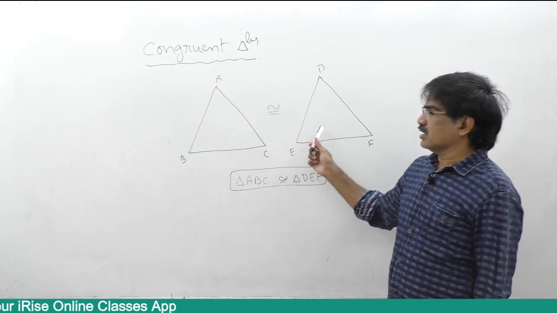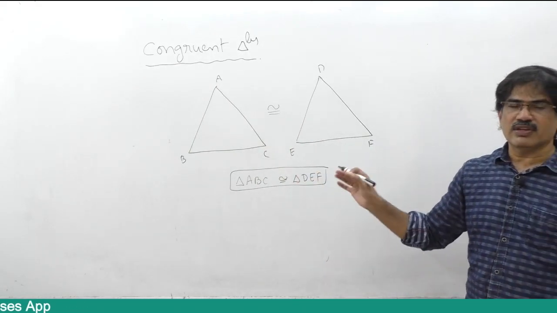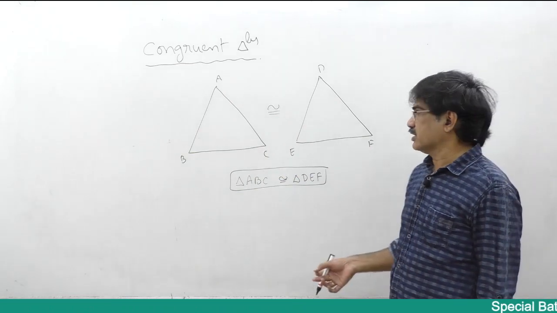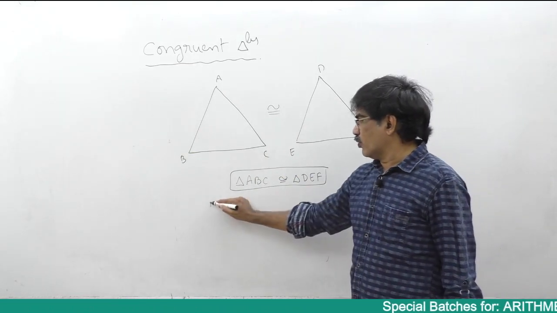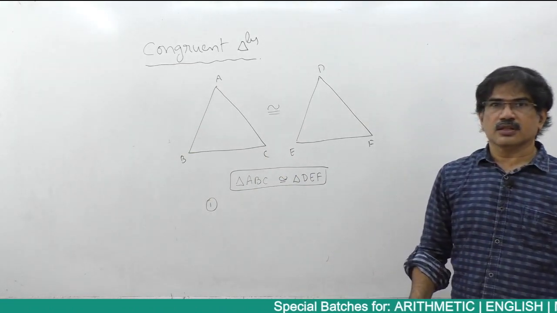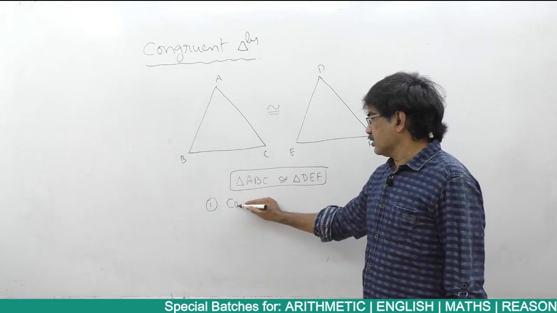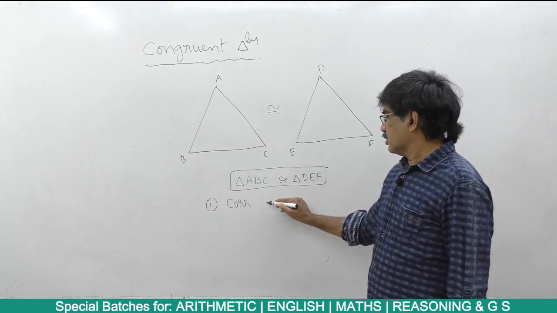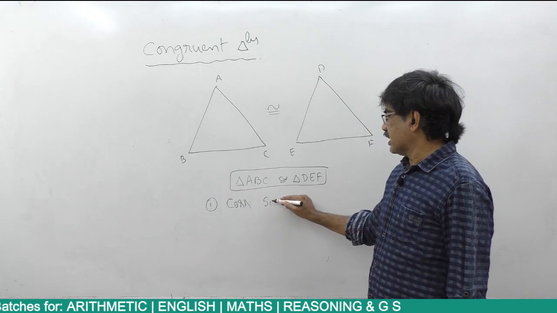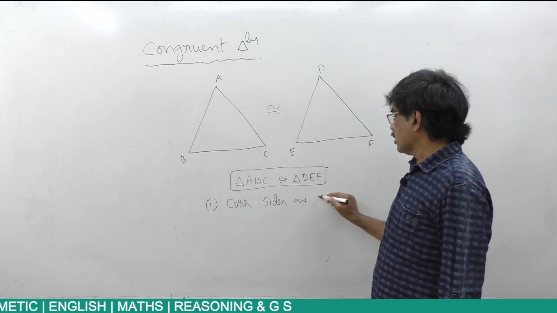If triangles are congruent, here these two having same shape and same size, therefore point number 1, corresponding sides are equal.